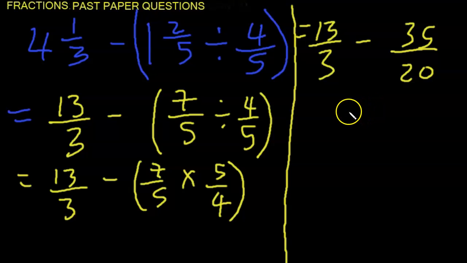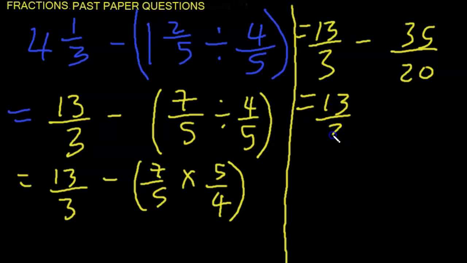Or you could have divided both of these values by 5. Divide the numerator by 5, leaves you with 7. Divide the denominator by 5, and you have 7 over 4 as your answer, as the simplified version of whatever is in the bracket.